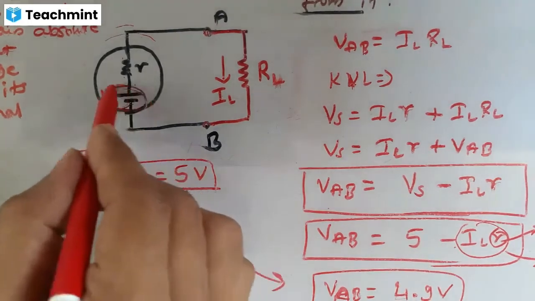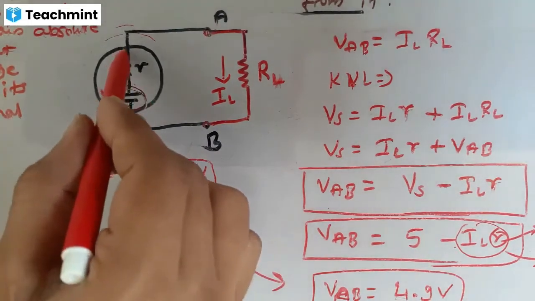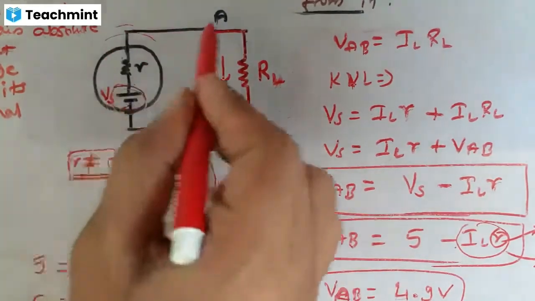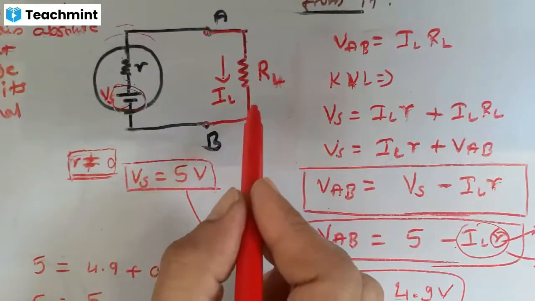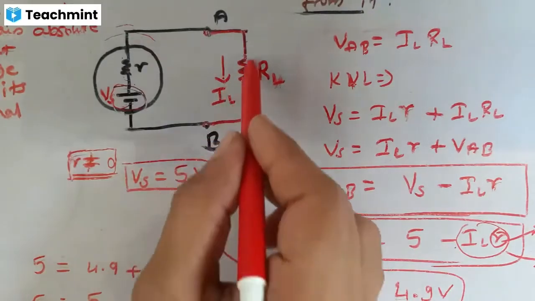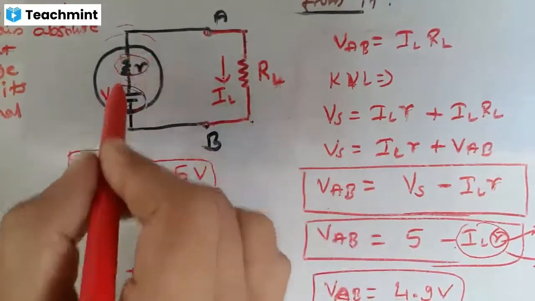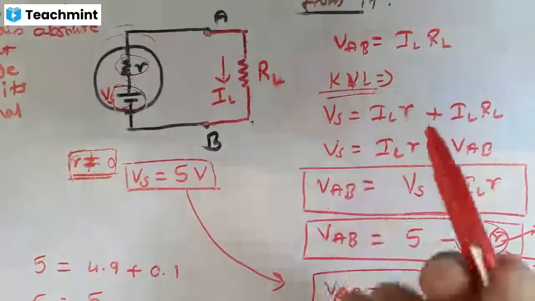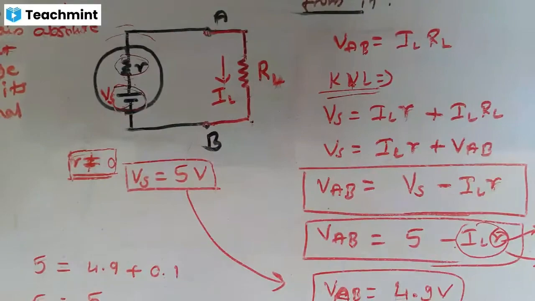Whatever it is producing is dropping across this resistor and this resistor. They are in series, right? So if you add them, 4.9 plus 0.1, again you get 5 volt. That is the actual KVL: LHS will always equal RHS. So this is all about the voltage source.